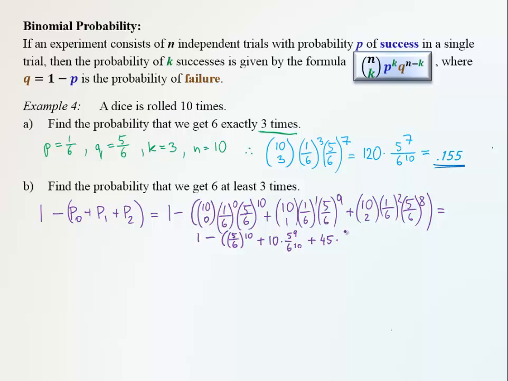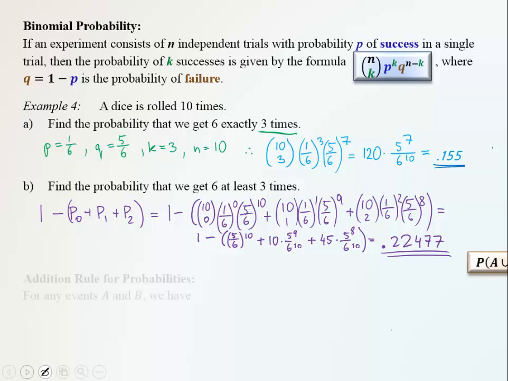And here we have 5 to the 8 over 6 to the 10. Now we need to plug it in to the calculator and figure out how much is that. I've got the result 0.22477. 5 places, that's good enough. So we're about 22% sure that if we roll a dice 10 times, we'll get 6 at least 3 times.